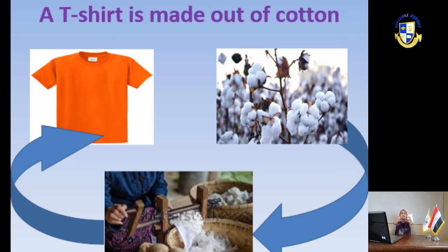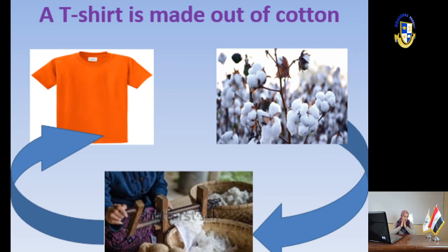Harvest means to collect or gather them together, take all the cotton plants, and give them to the factories. Okay? There is a machine that can help in taking the cotton from the field. It's called a cotton harvesting machine.